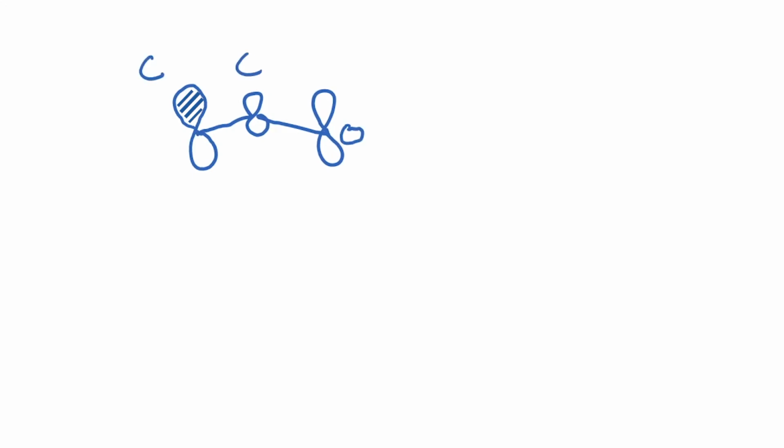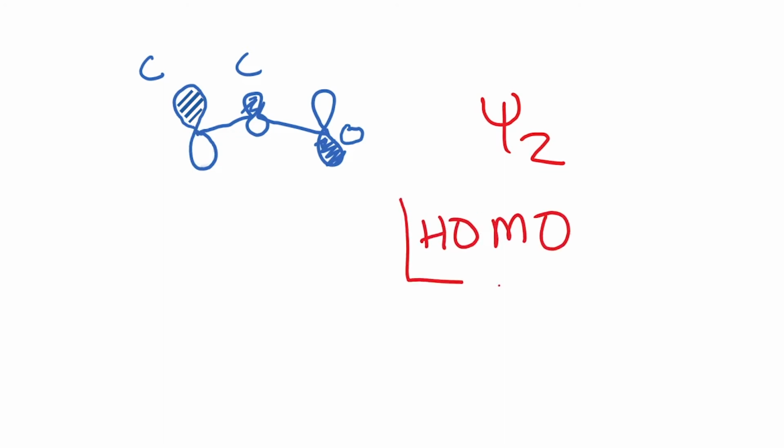And the way we have shaded it is like this. So this is my psi2. And as you recall, this would be the highest occupied molecular orbital, and therefore this plays an important role when we are looking at how this is going to react.